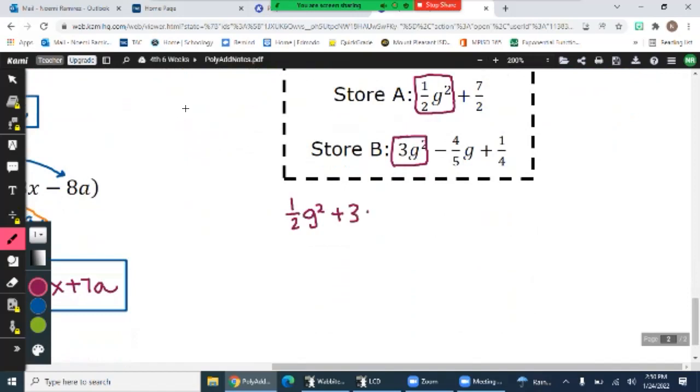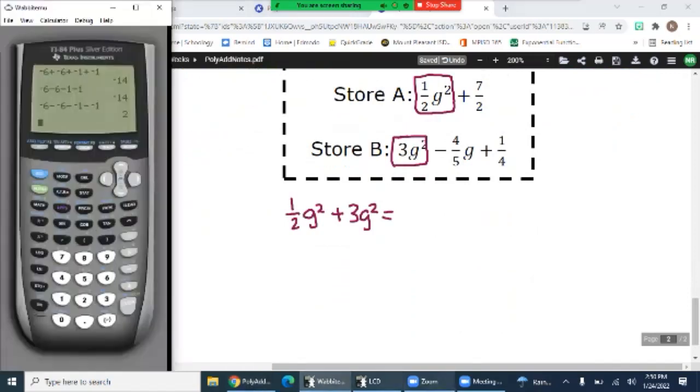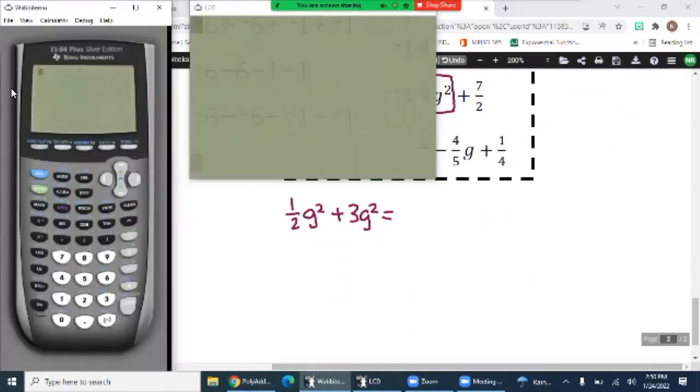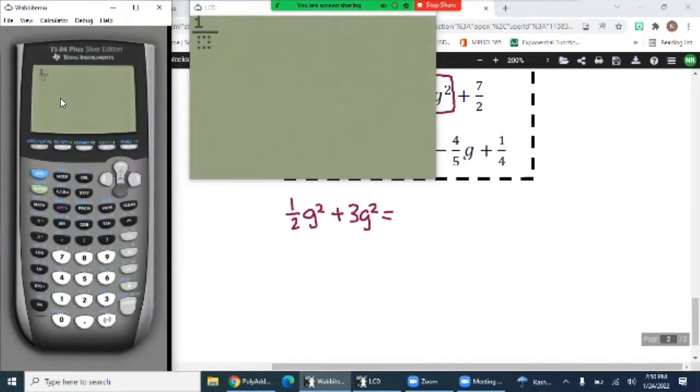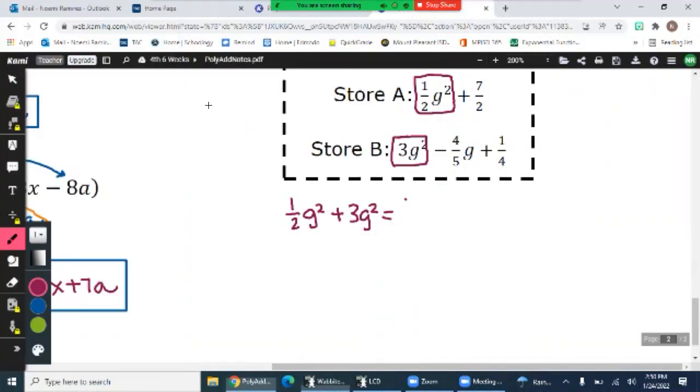I can, but chances are I can't, but I'm not gonna let it get to me because I have a calculator to help me. A lot of you guys see fractions in problems that should be super easy, but you just skip them or you guess on them because you refuse to use your calculator. 1/2 plus 3 gives you 7/2.